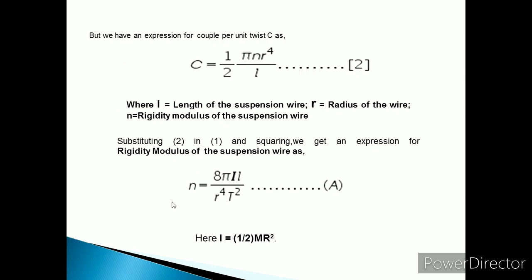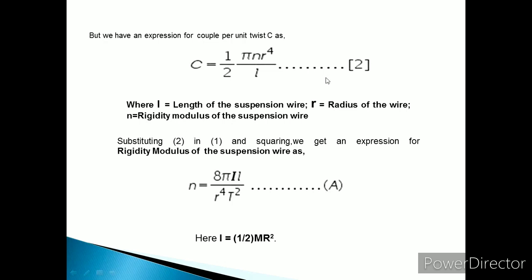But we have an expression for couple per unit twist, a predefined expression. C is equal to pi n r power 4 divided by 2L. This is equation number 2. Here L is the length of the suspension wire and r is the radius of the wire. Here n is our requirement, the rigidity modulus of the suspension wire.